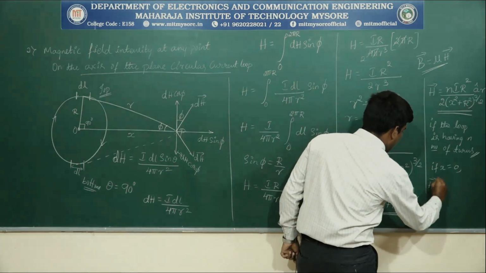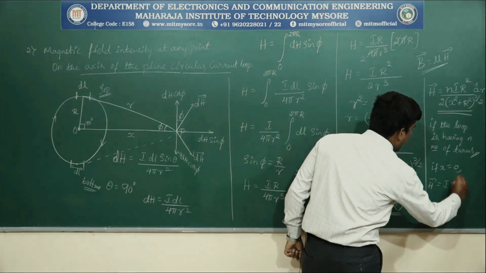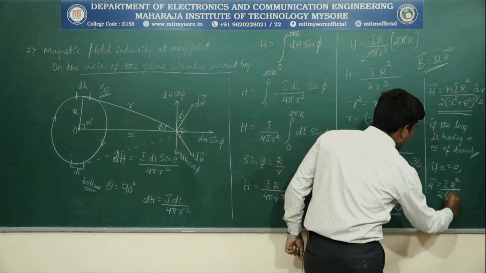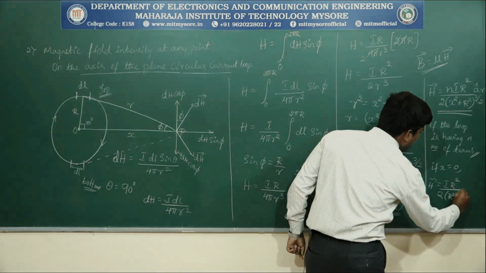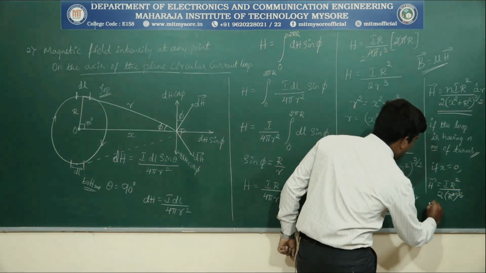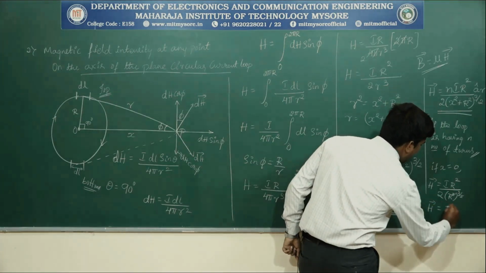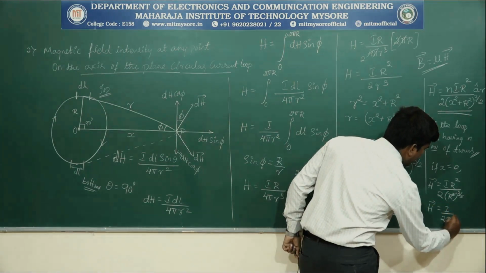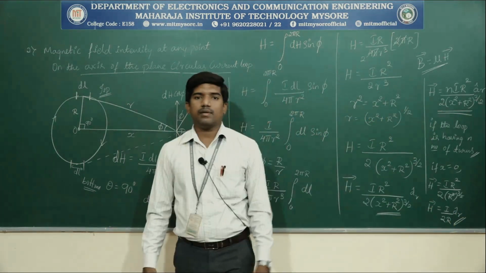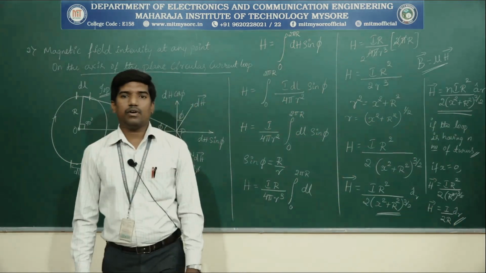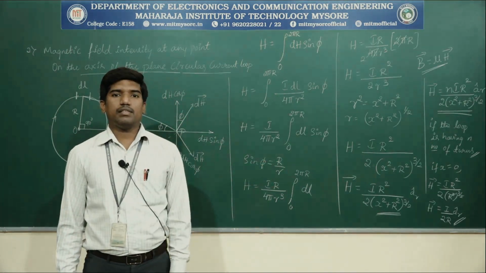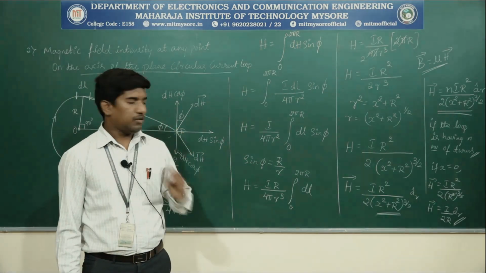Then this equation, H is equal to I into r square divided by 2 times of r square whole power 3 by 2. 2 gets cancelled, r cube, then H is equal to I divided by 2r into a cap r. See, we have got the same equation which we have derived previously for the circular current loop, where the point P is kept at the center of the circular current loop.